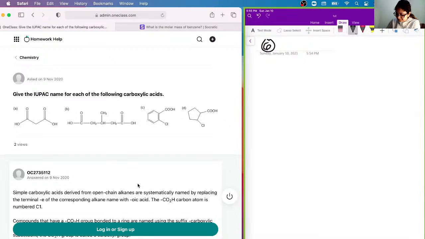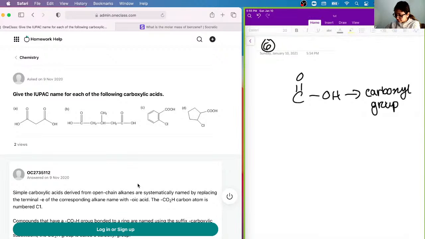What I mean by this is that your C double bonded OH is called a carboxylic group, a carboxyl group.